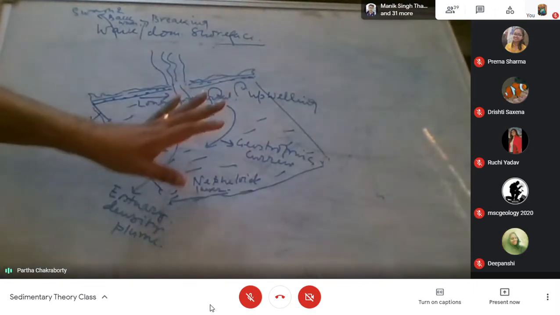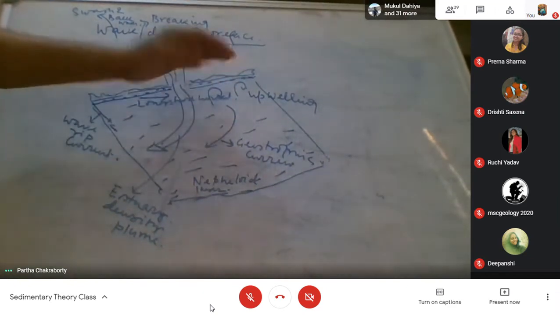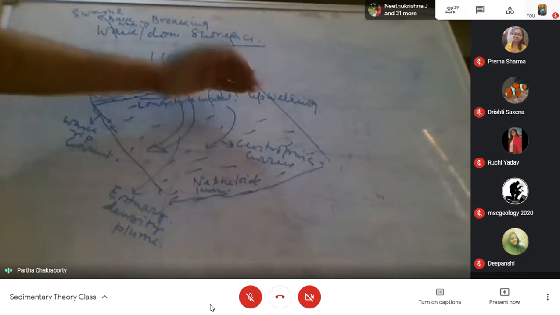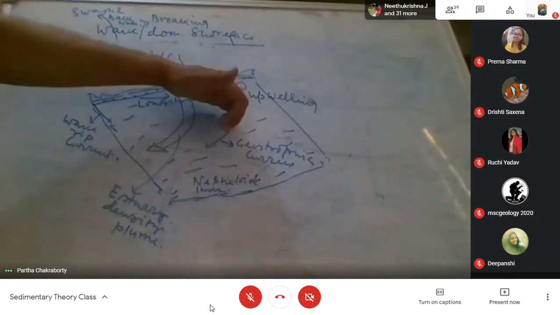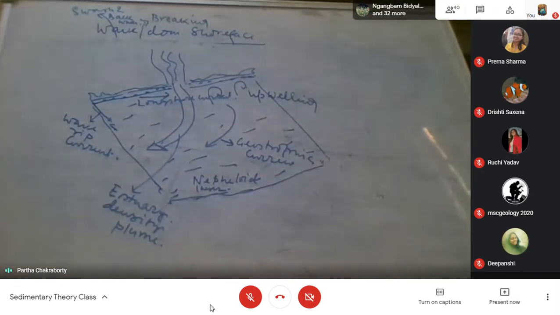But one major process operating is the storm, which upwells. I will come in detail about the storm action, but that is the upwelling and then the return flow. The return flow becomes parallel to the shoreline because of the Coriolis force, that is called geostrophic current.